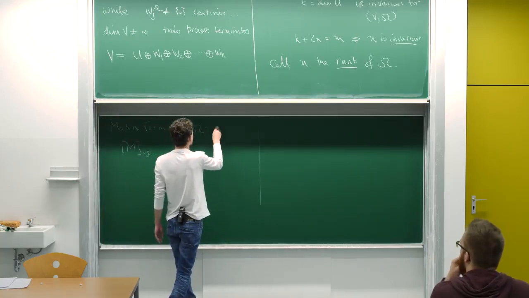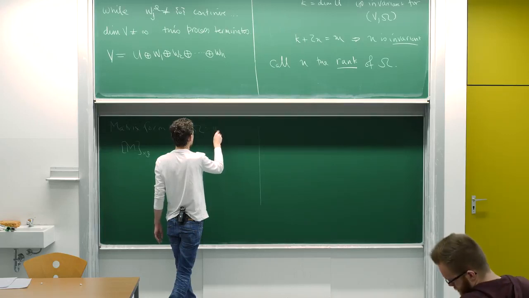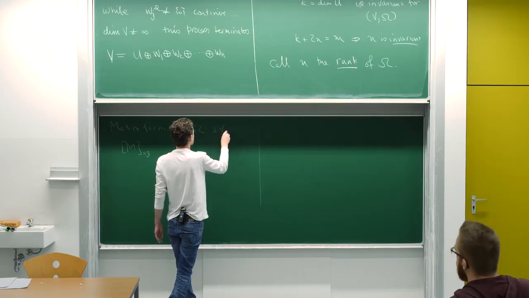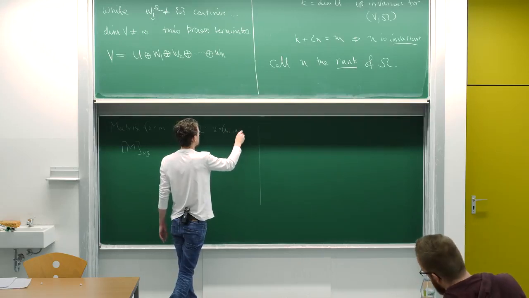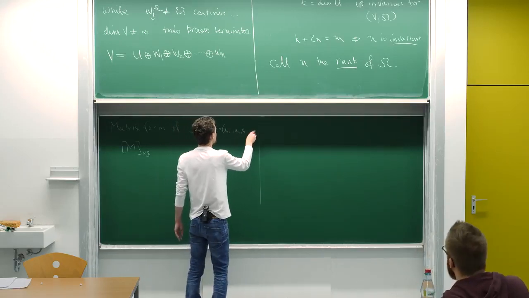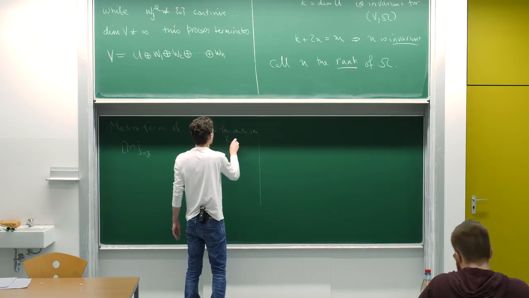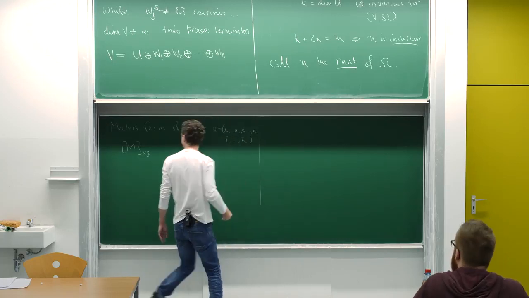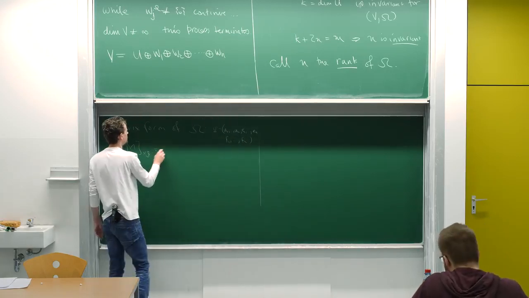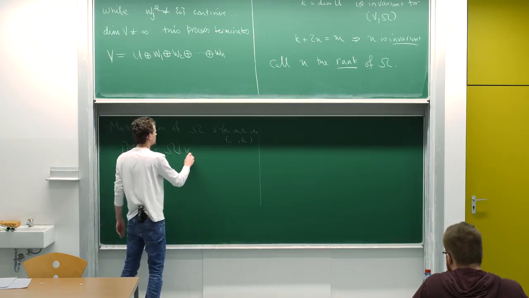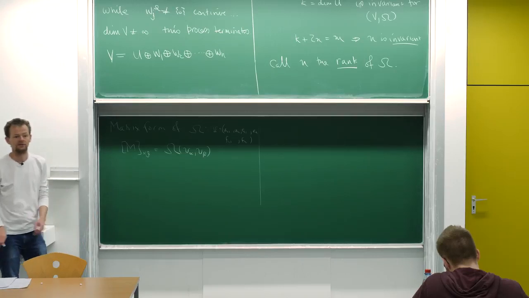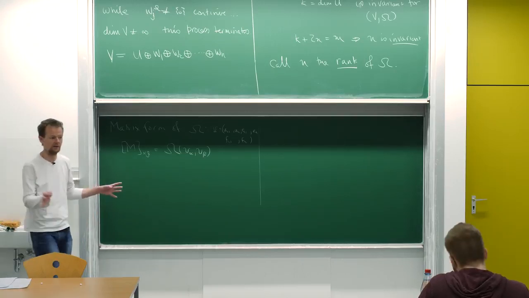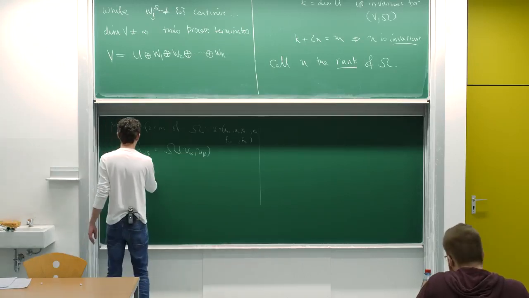If I define V to be the list of basis vectors U1 through to UK, E1 through to En, and F1 through to Fn, then forming this matrix here, omega of V alpha, V beta, we see that omega has a very particular form as a matrix.